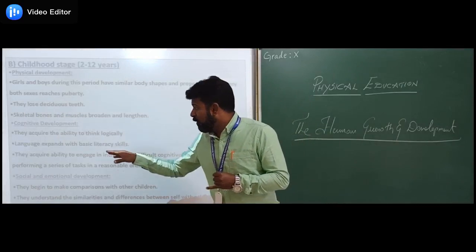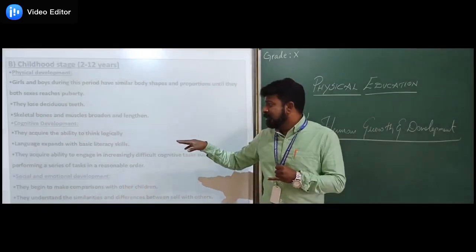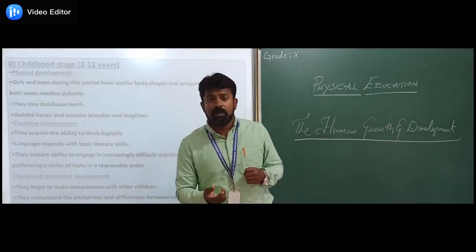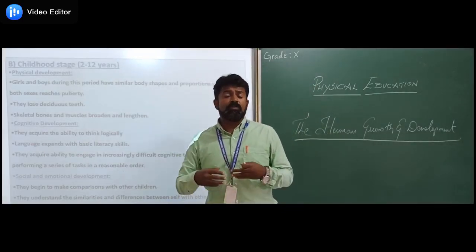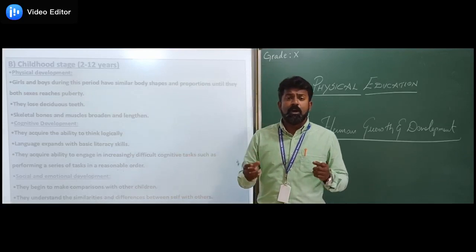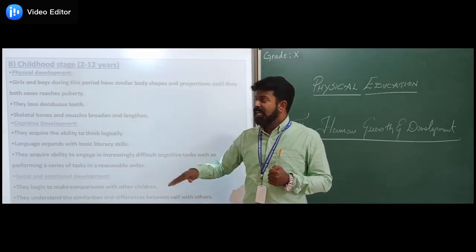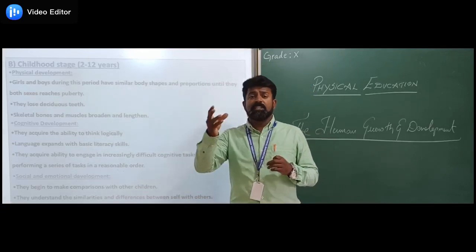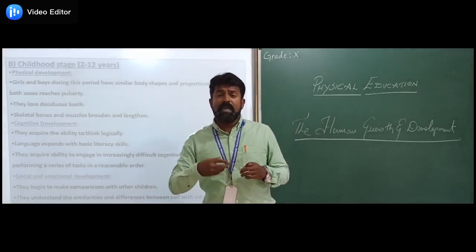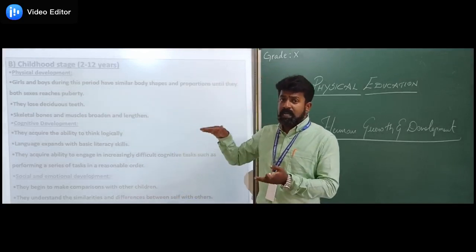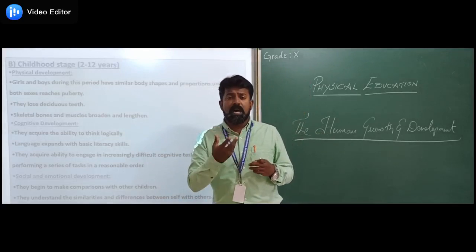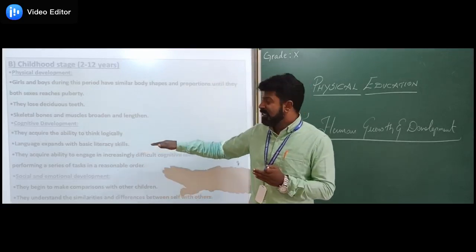Next comes language expanding with basic literacy skills. When I say literacy skills, you may think about sound, fluency, the use of the alphabet, and comprehension. All these skills expand, because in the early stages the child babbles, tries to talk, and makes sounds, but here it comes to literacy skills, comprehension, fluency, and sound. All this comes in this stage.